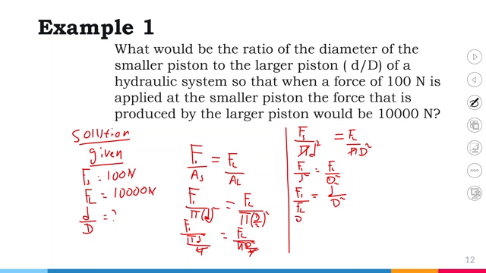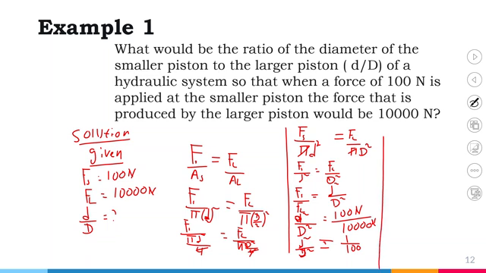Now we can substitute the values. d small square over capital D square is equal to the force on the smaller piston, 100 Newton, over the force on the larger piston, 10,000 Newton. After simplification, this becomes small d square over capital D square is equal to 1 over 100.